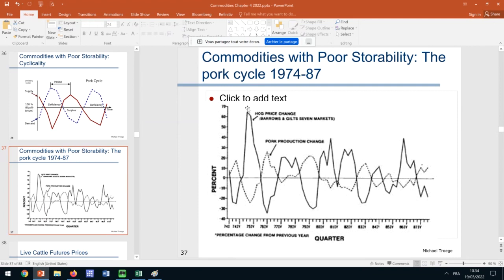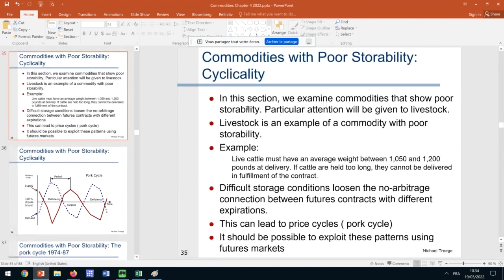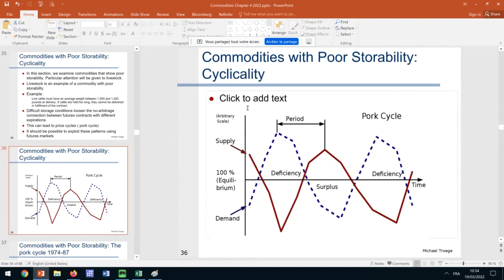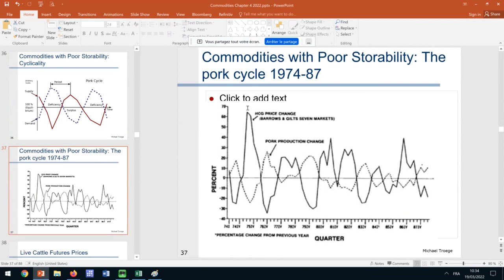By the time the pig producers react to the price, the price has already changed. Normally this should not happen with futures contracts, because here the pig producers are reacting to the current market price. I don't know how long it takes to raise a pig, probably a year or something.